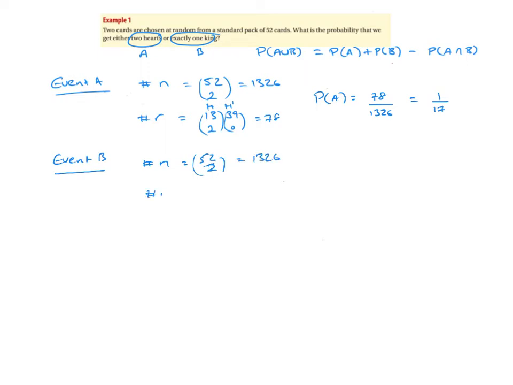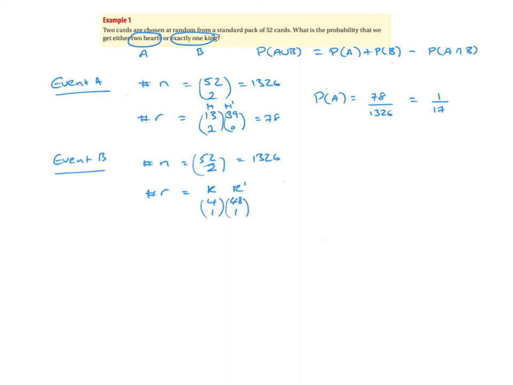#r this time, let's have a look at the number of favourable outcomes. Well, we want exactly 1 king, so it's king or not king. How many kings do we have in a deck of cards? Well, there are 4 kings, and we want to choose 1 of those kings. That means that there are 48 cards that are not kings left in the deck, and we need to choose 1 of those, because we need to choose 2 cards.